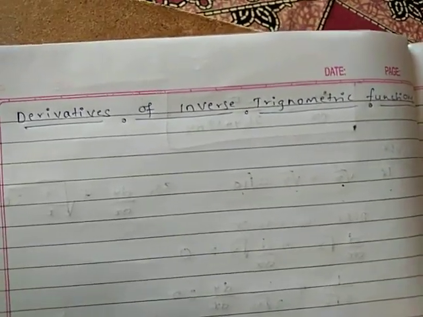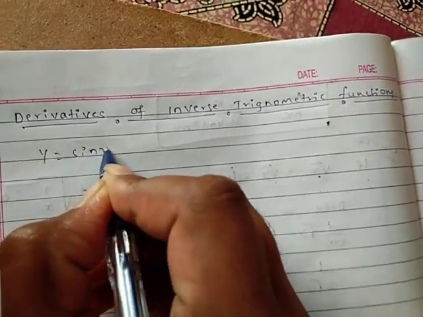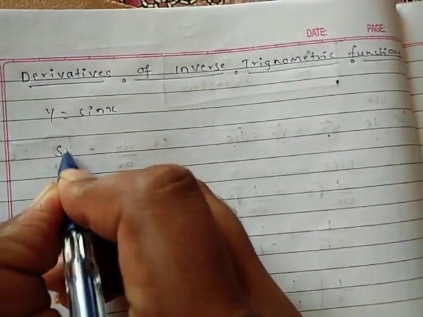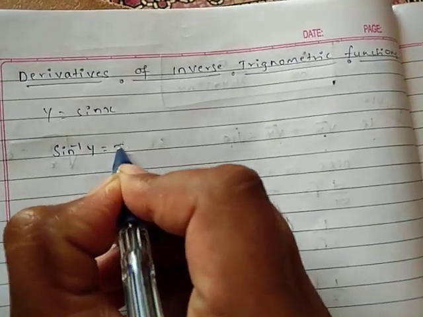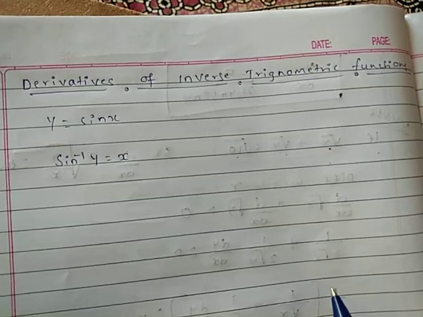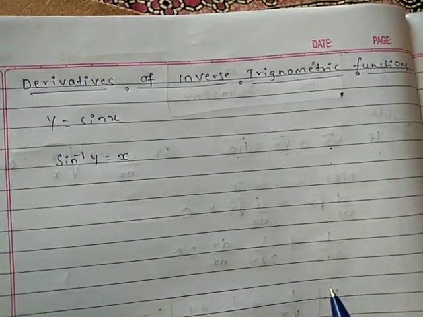function. As we know, y is equal to sin x is the trigonometric function. So here sin inverse of y is equal to x is nothing but the inverse of the sine function, or we can say the sine inverse function.